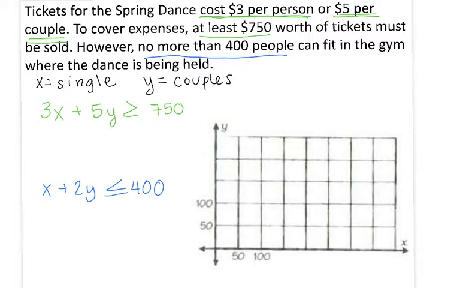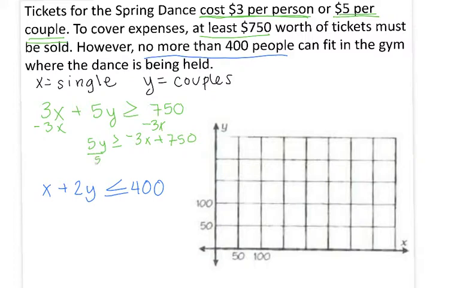Now we need to graph these 2 equations. So we're starting with the green one. Subtract 3x from both sides. We'll have 5y greater than or equal to negative 3x plus 750.